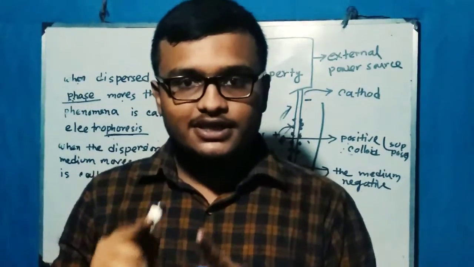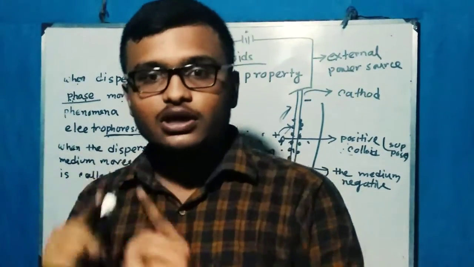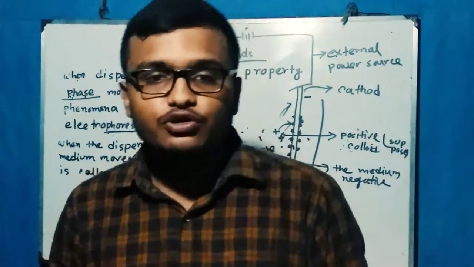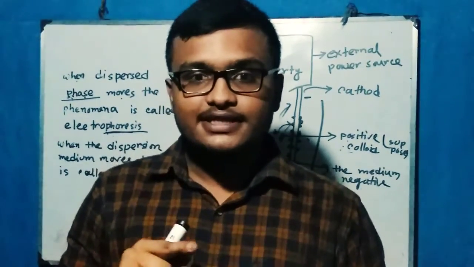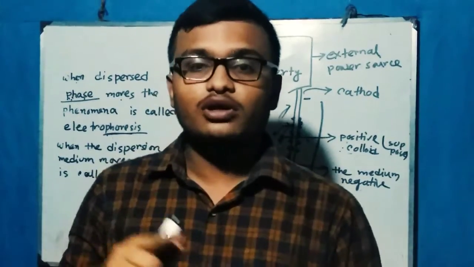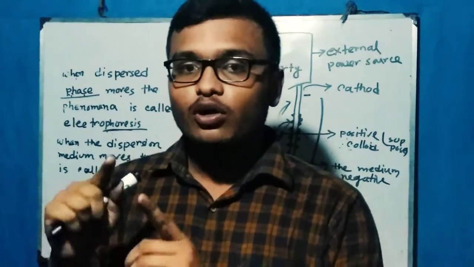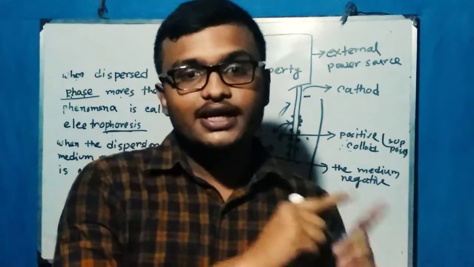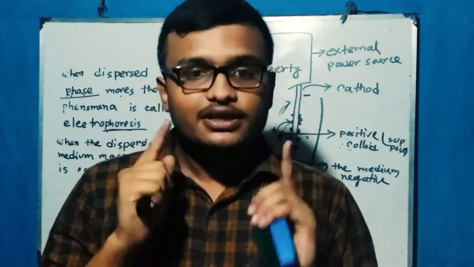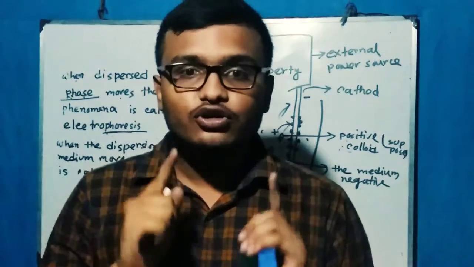If the dispersed phase is positive, it will go to the negative electrode. If the dispersed phase is negative, it will go to the positive electrode. The phenomenon when the dispersed phase is moving is called electrophoresis, which can be called cataphoresis. The phenomenon when the dispersed medium is moving is called electro-osmosis, which can be called end-osmosis.